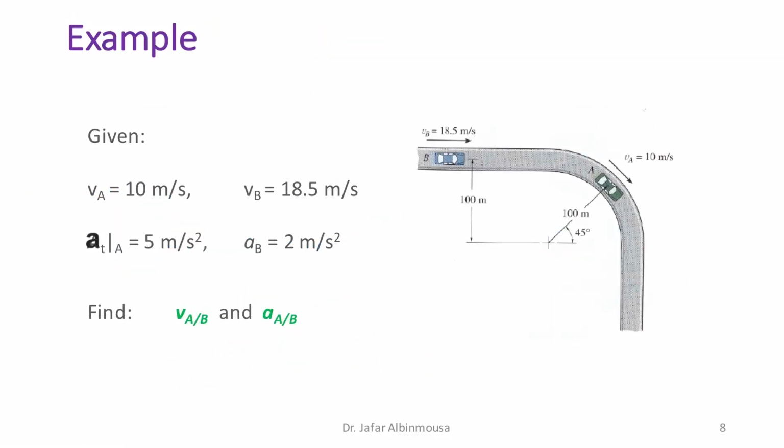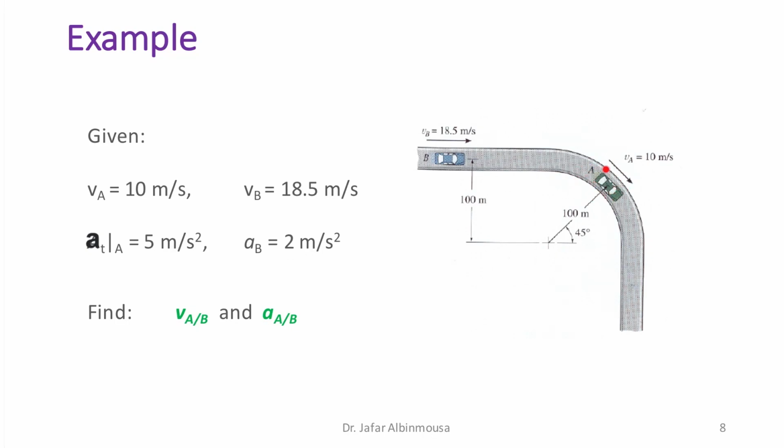So let's have this example where we can see that there are two cars, car B and car A. At one instant, car B was speeding with a velocity of 18.5 meters per second along this line and an acceleration of 2 meters per second squared.